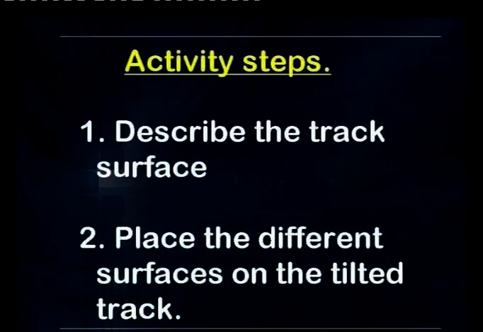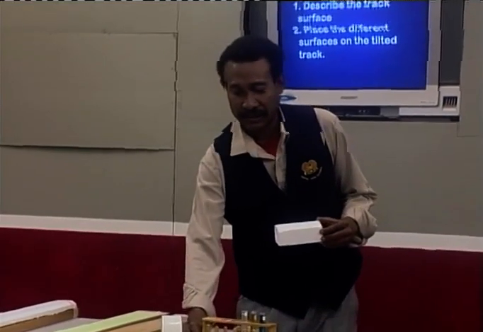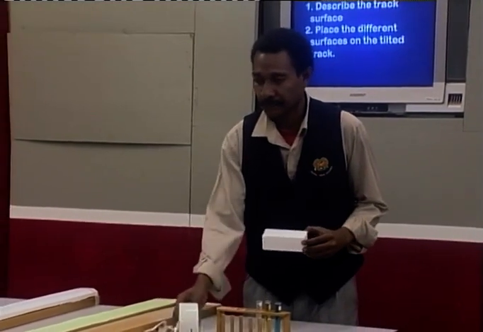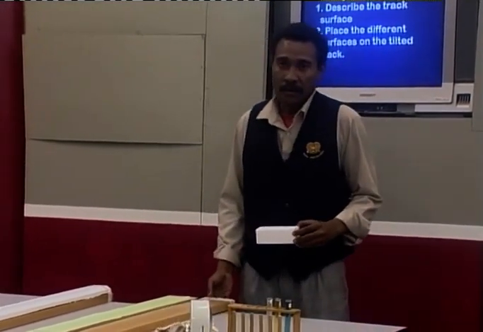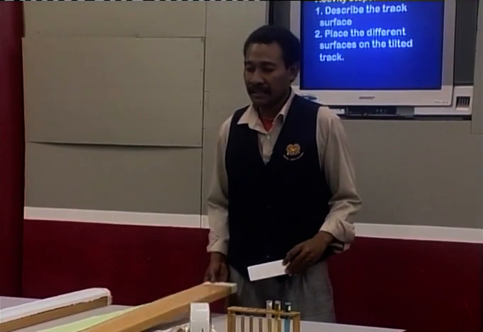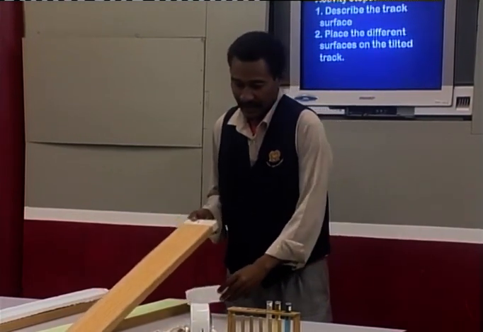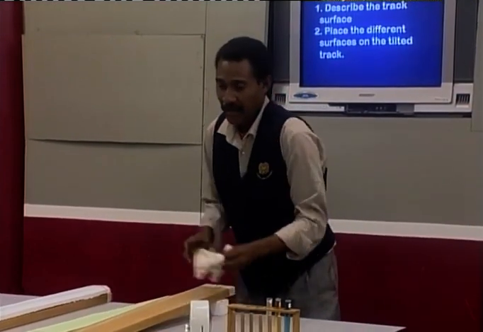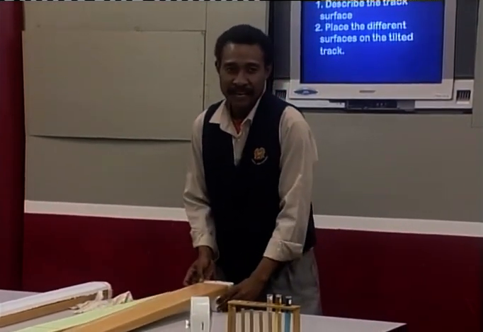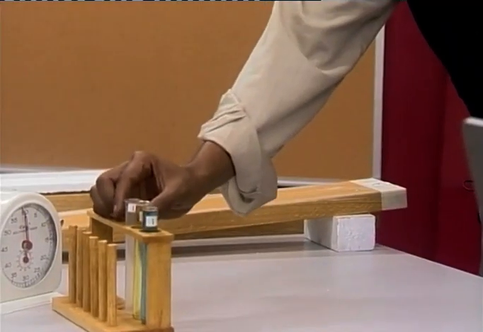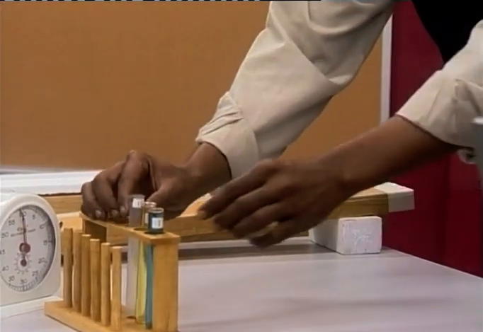Now what we are going to do is place the different surfaces on the tilted track. This is how we are going to carry out the activity. We will start off with a track. For example, the first one, which is labeled A, I will place on this foam here, and I will work with the first liquid.